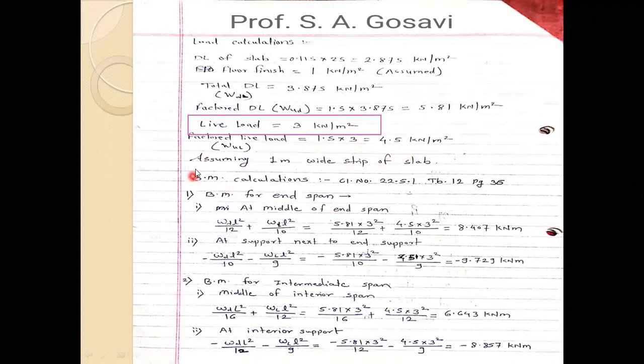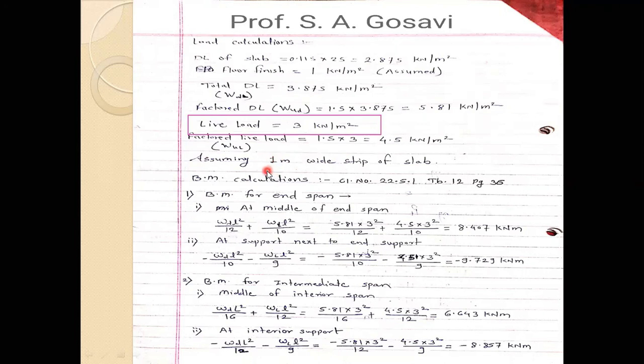Now assuming a 1 meter wide strip of slab, we multiply these values by 1 meter, because we are assuming the width of slab as 1 meter. Actually the width of slab is 7.5 meter, but we are not taking it as 7.5 meter.